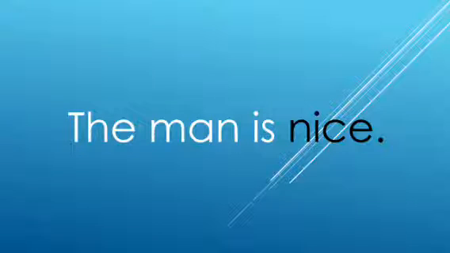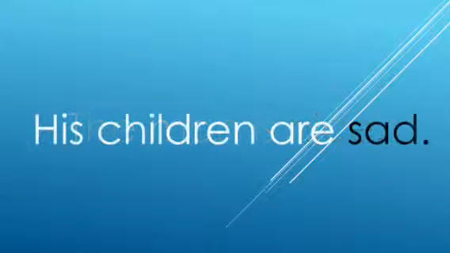The adjective is placed after the verb to be. Look at this one: His children are sad. The adjective is sad, and it is placed after the verb are. The adjective is describing the subject of the verb, his children.